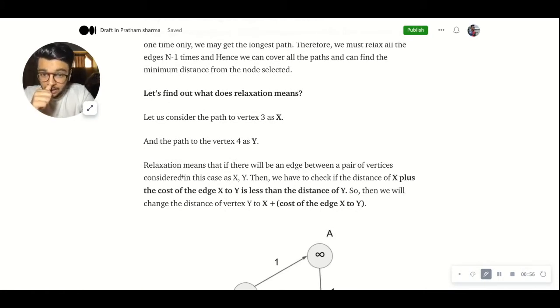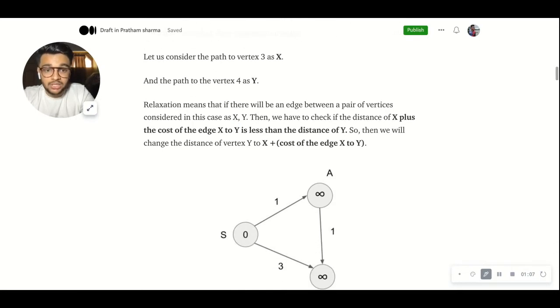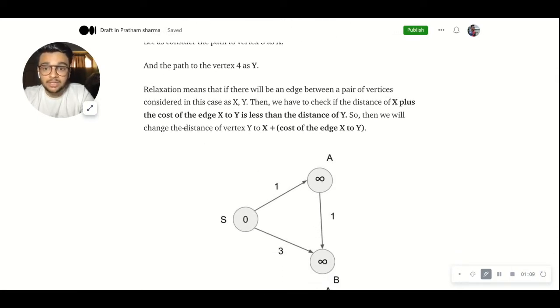Relaxation means that if there is an edge between a pair of vertices, in this case x and y, then we check if the distance of x plus the cost of edge x to y is less than the distance of y. Then we will change the distance of y to the distance of x plus the cost of edge x to y.